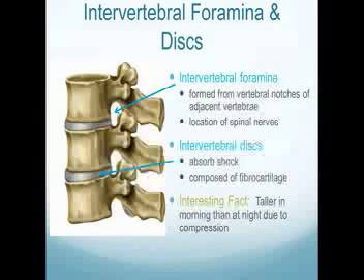Now here you're looking at a lateral view, and I would like to point out a couple different features. Notice, once again, this is different than the vertebral foramen or the vertebral canal, that collective canal where all the vertebrae are linked together. There's something called the intervertebral foramina.